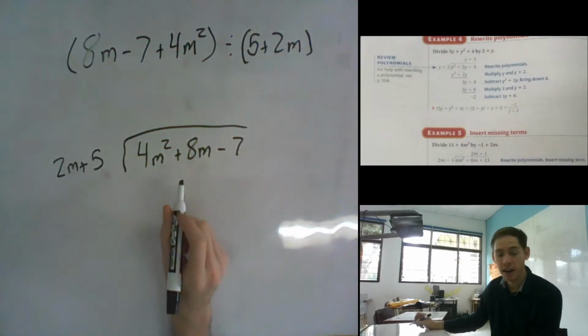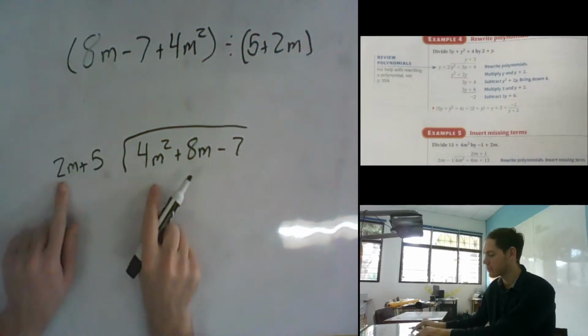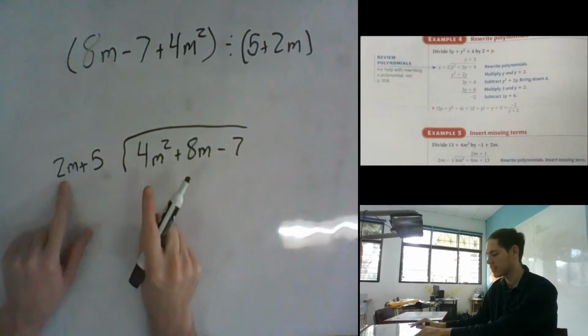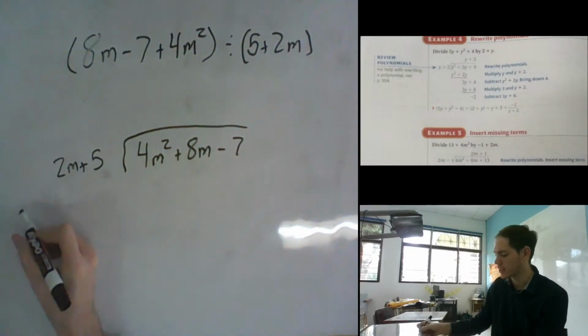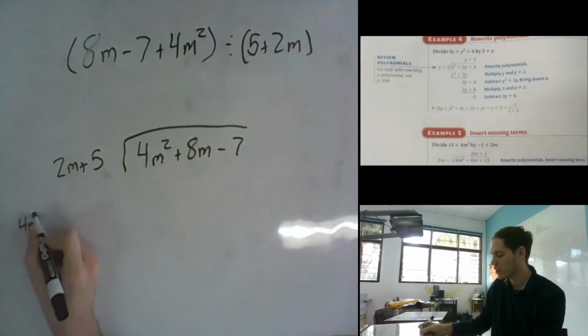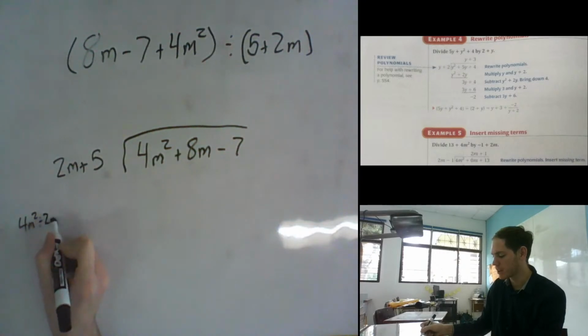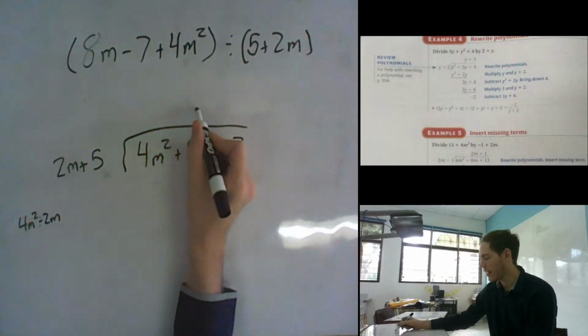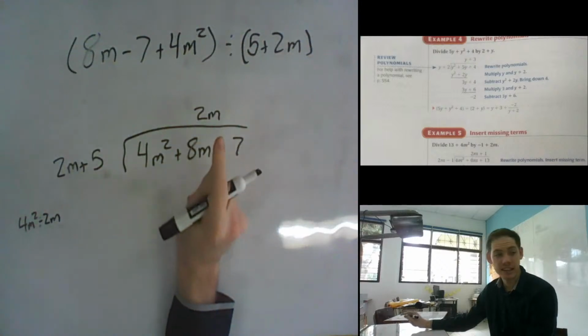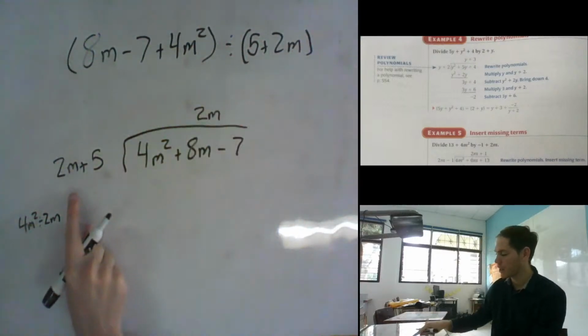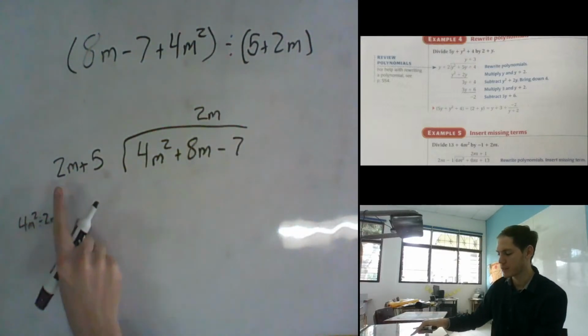When dividing, you first look at the first term and you see how many times does this go into this. Or you think 4m squared divided by 2m. And I get 2m. Now the next step is I multiply this 2m times this whole thing, times each part.